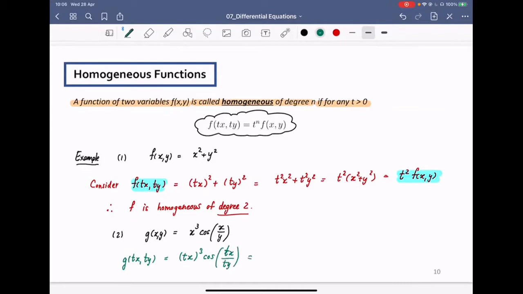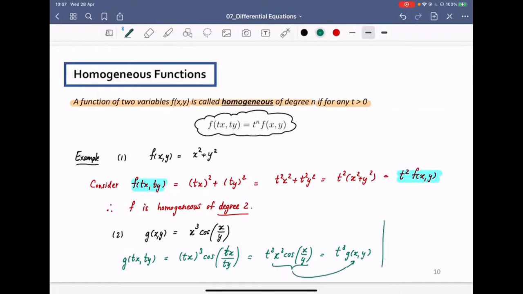You simplify it and you get t cubed x cubed cosine of x over y. You can see that it comes back to t cubed times g(x, y), because this is just g(x, y).